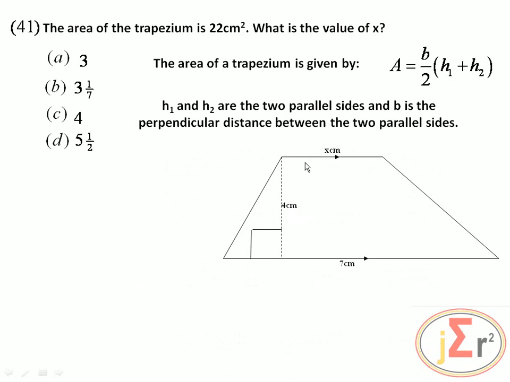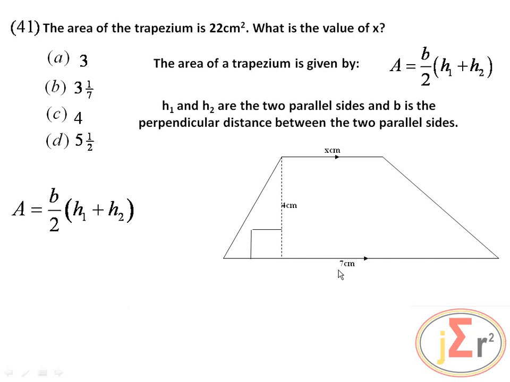So we have the two parallel sides indicated by the arrows, and we have the perpendicular distance between them marked with the perpendicular sign. So there we have our formula.